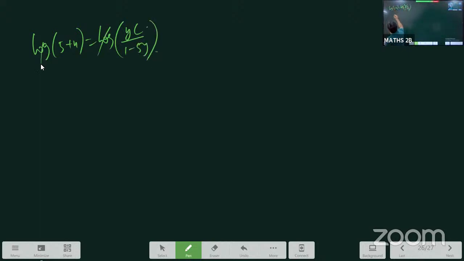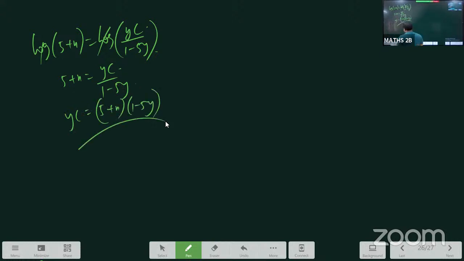Now both sides log gets cancelled. 5 plus x equal to yc by 1 minus 5y. Then yc equal to 5 plus x into 1 minus 5y. This is your complete simplification. Is it clear? So, yeah, 4 marks. We can ask anything.